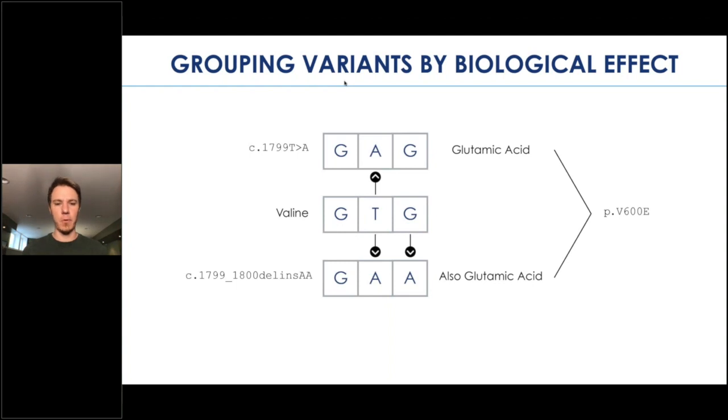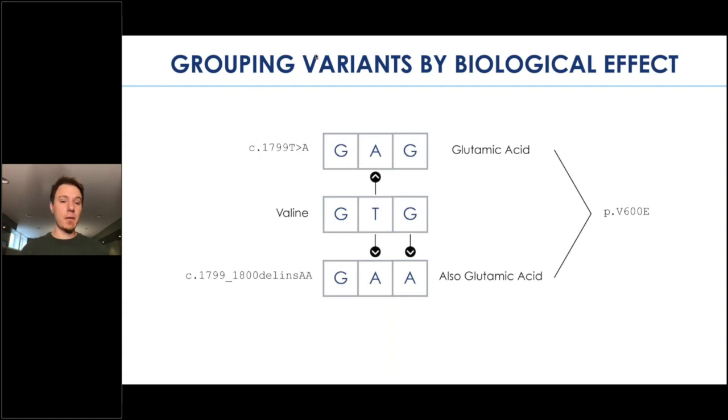a patient, for example. So an example of when this affects the user is if you have a patient with C.1799T to A variant, for example, that results in an amino acid change from valine to glutamic acid.